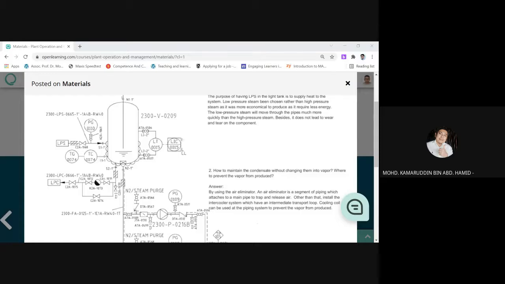How do you know that what you want to bypass is liquid? It's a condensate, right? Remember that this is continuous, so make sure that whatever the number of moles or the flow rate for LPS, the same amount must come out as LPC.